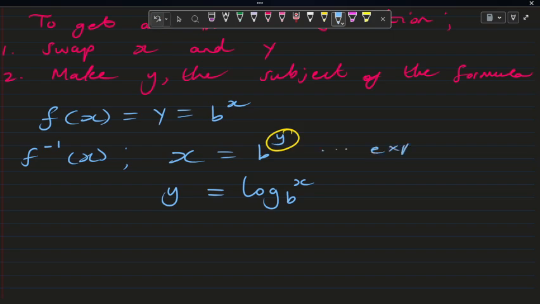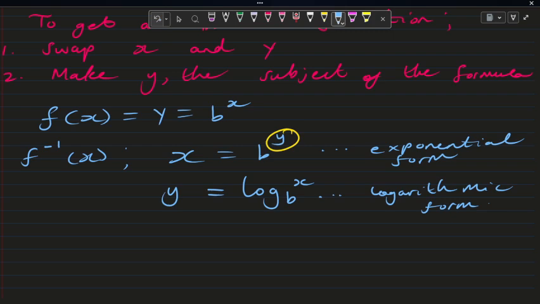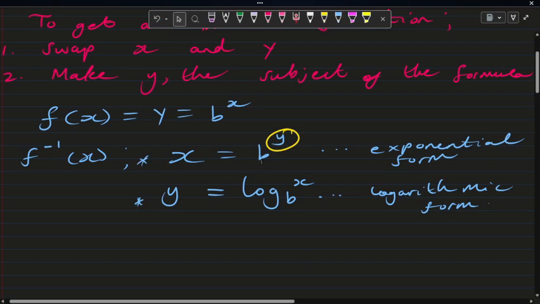Now we have to understand that this is the exponential form, and this is the logarithmic form. These two equations mean the very same thing.